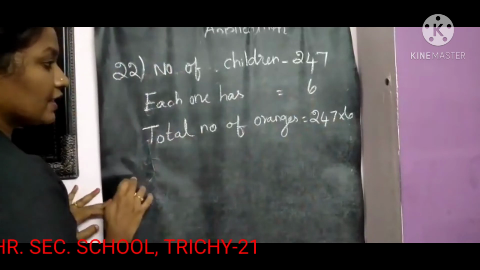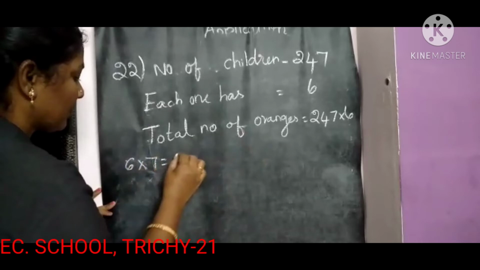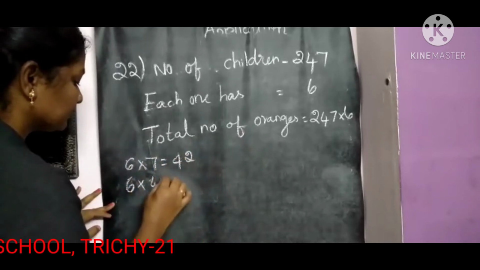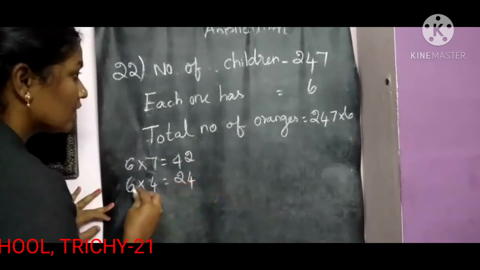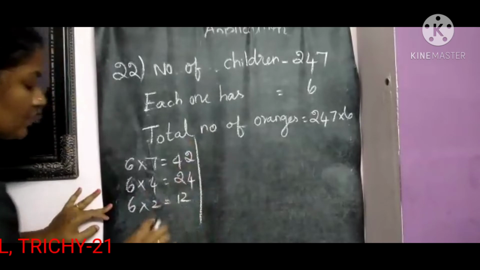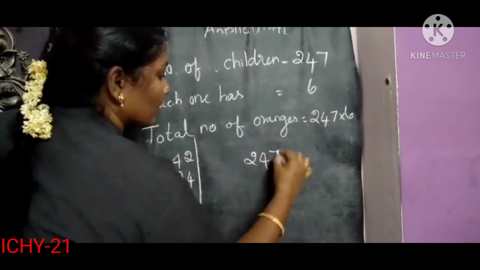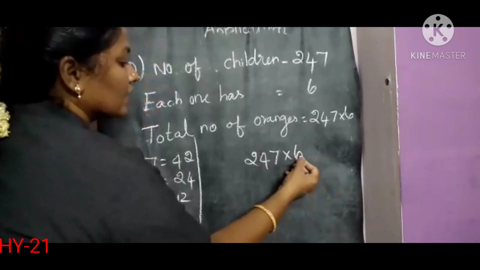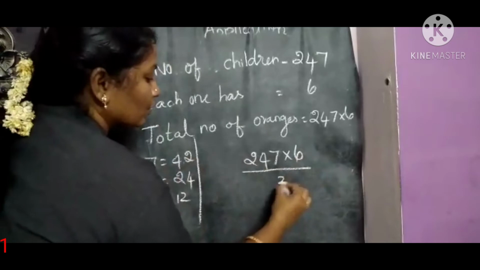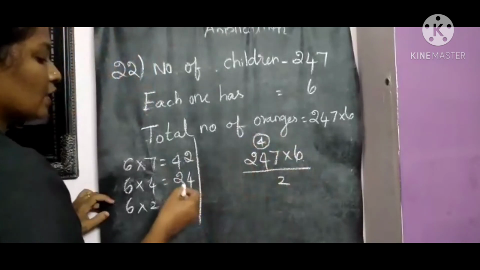Now I am writing here 6 sevens are 42, then 6 fours are 24, 6 twos are 12. So that is the first step. Then 247 multiplied by 6. 6 sevens are 42, so 2 balance 4, and 6 fours are 24.